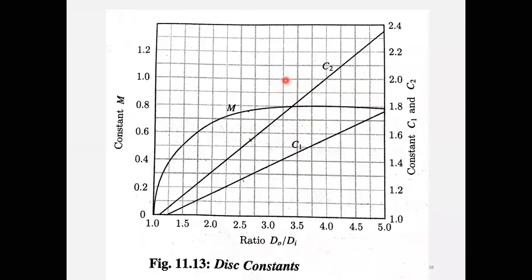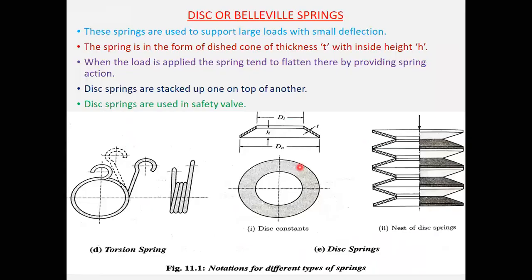Here in the figure, you can see this is the h. Whatever the deflection is, it cannot be greater than the h value. It has to be less than the h value. If the h value is 6, then the deflection will be less than that. It cannot deflect more than this.